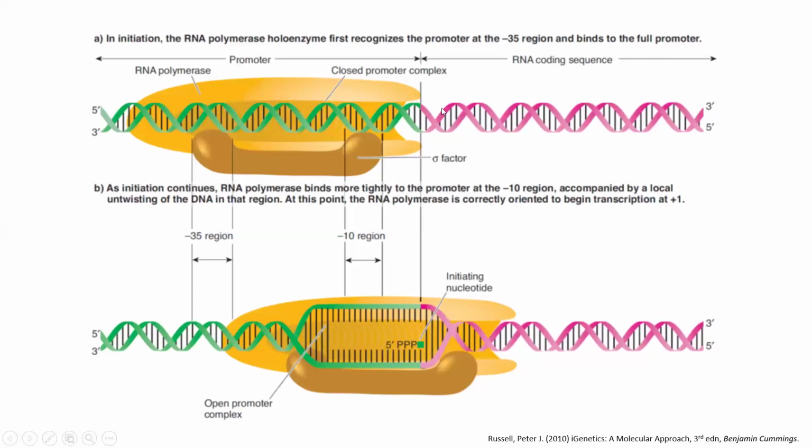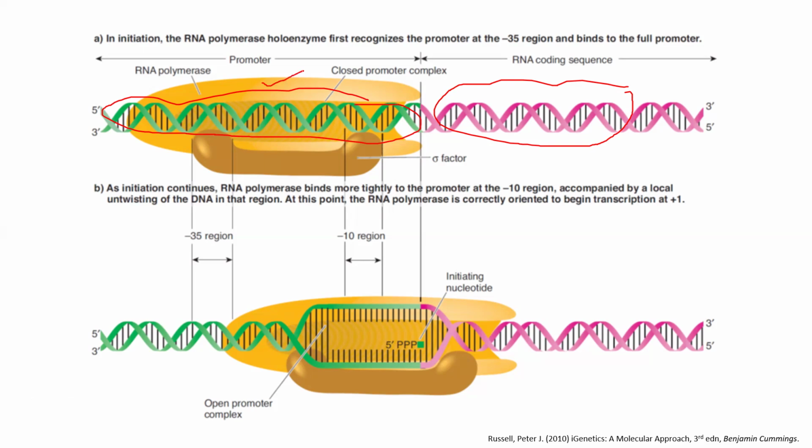This is the gene, and the RNA coding sequence is shown in pink color. And upstream of it, the sequence shown in green is a promoter sequence. And the yellow color thing is the RNA polymerase holoenzyme.